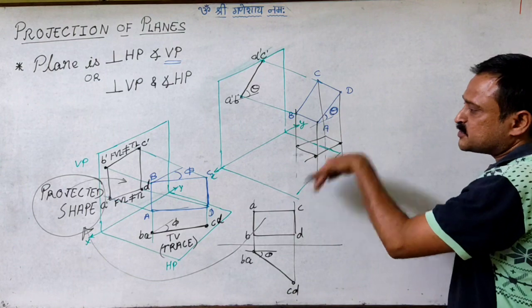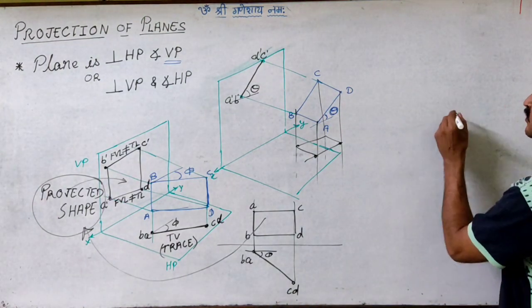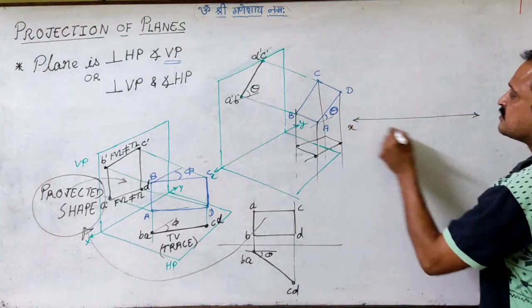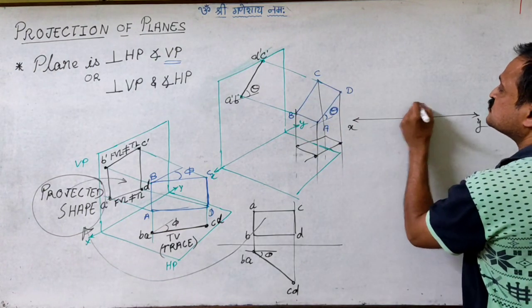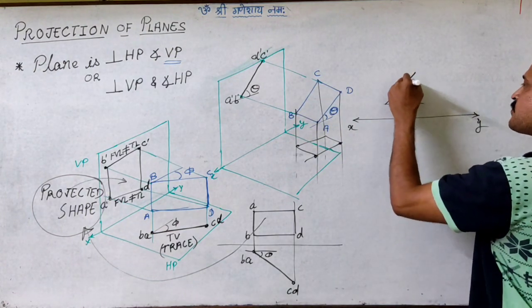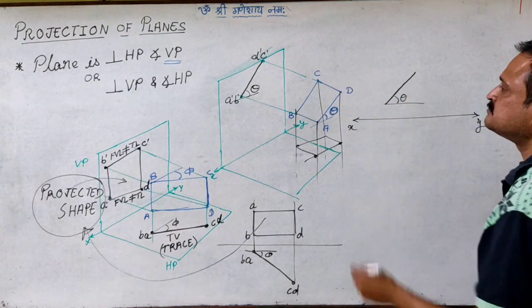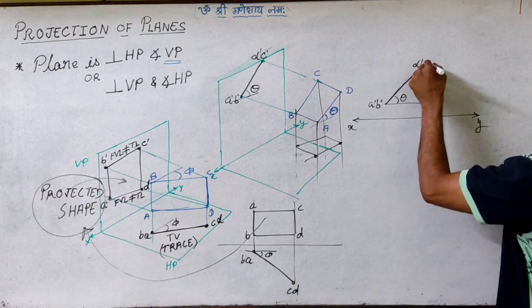So we are getting the top view image to be a projected shape. So the orthographic projection for this condition will come out with the trace inclined to the XY line by theta, where this is A dash, B dash, and this is D dash, C dash.